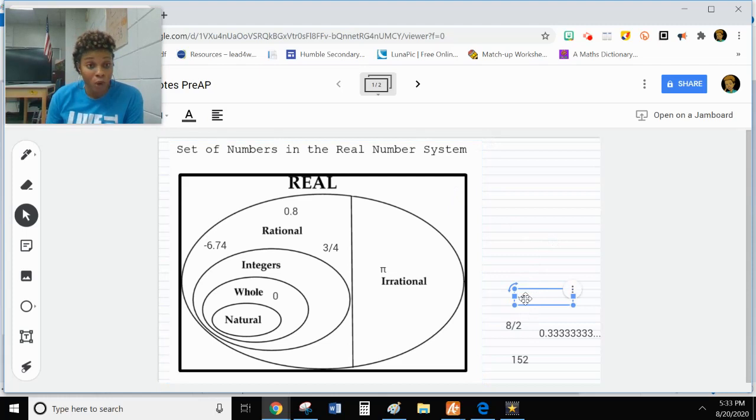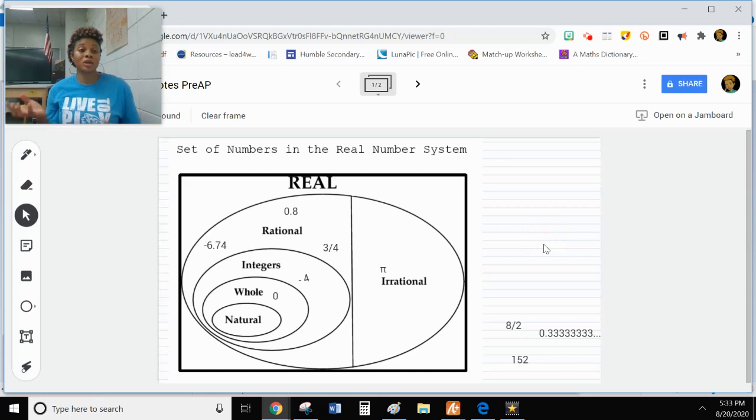Negative 4. 4 is a whole number, but -4, I don't have -4 fingers. I could have owe $4. So -4 would be an integer. That would be the first place you would classify it. So when you're classifying numbers, you want to put it in the first set that you would see it. So if it's a whole number like 2, it would be a natural number.